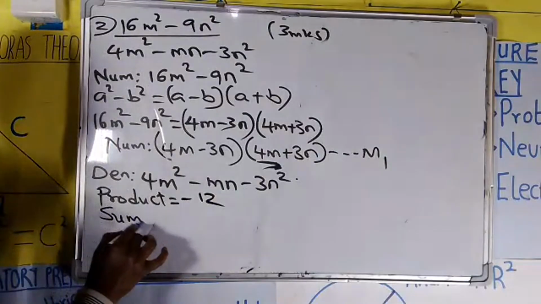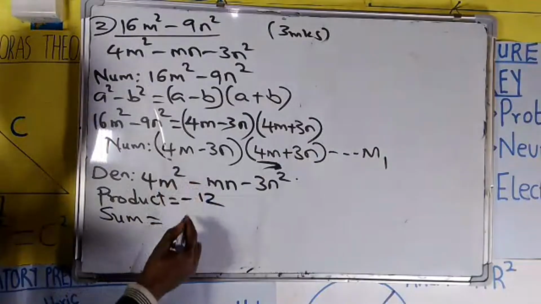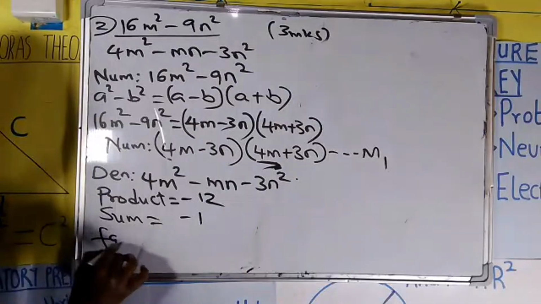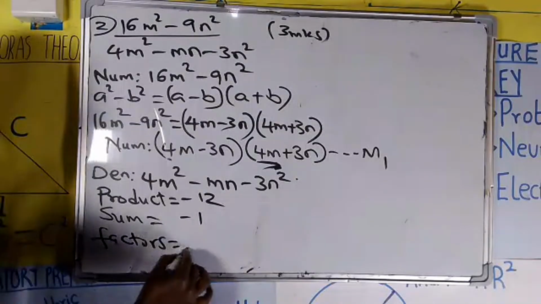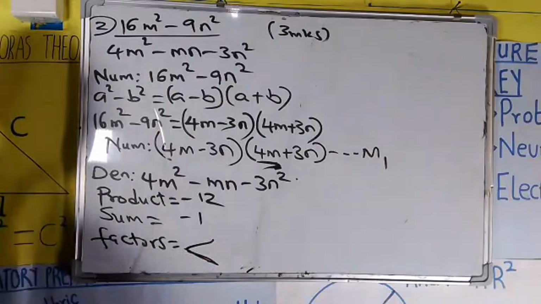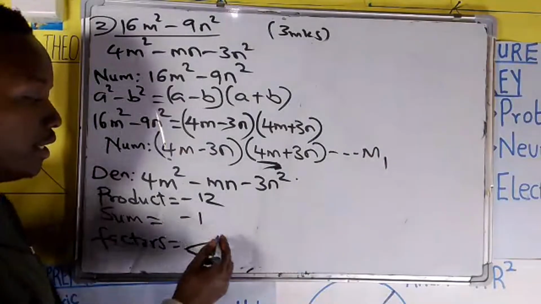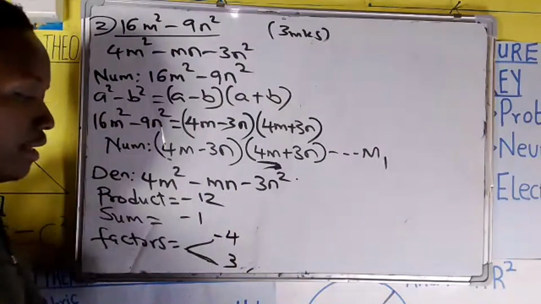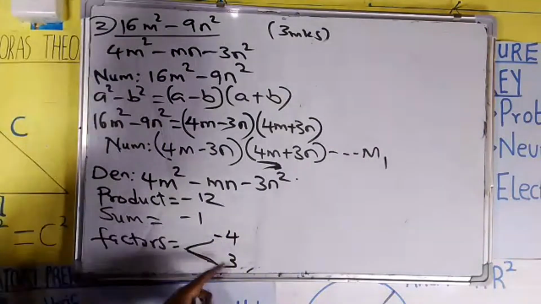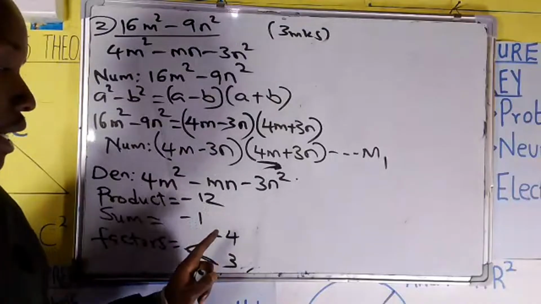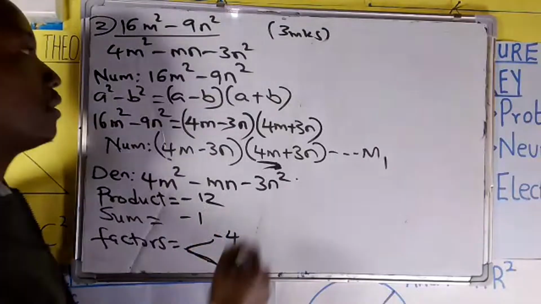Then we'll have the sum. The sum will be negative 1. And then we'll have the factors. Our factors will be two numbers, in which if we multiply is negative 12, if we add is negative 1, and that will be negative 4 and 3. So if you take negative 4 times 3, it will give you negative 12. Negative 4 plus 3 will give you negative 1.